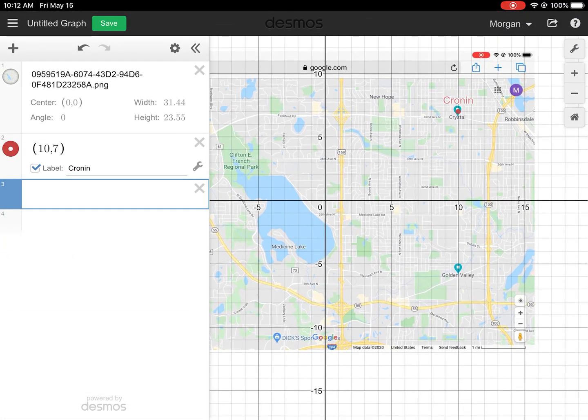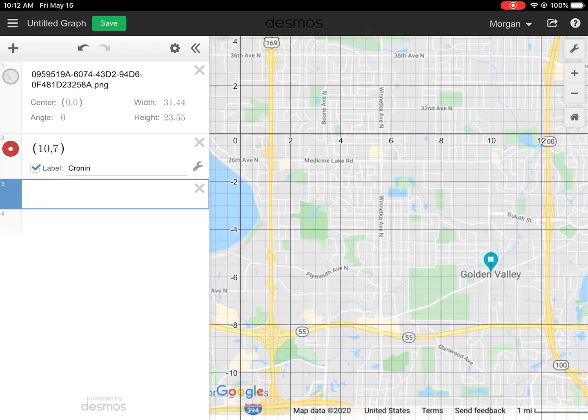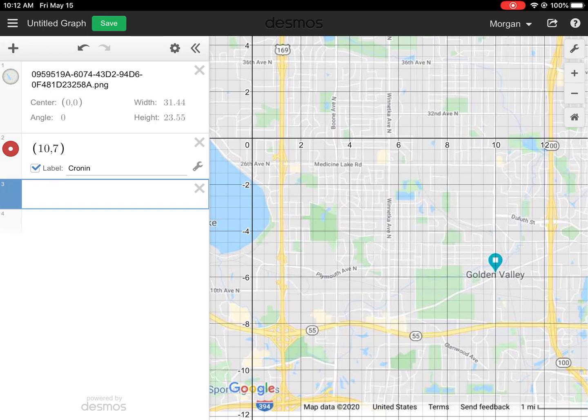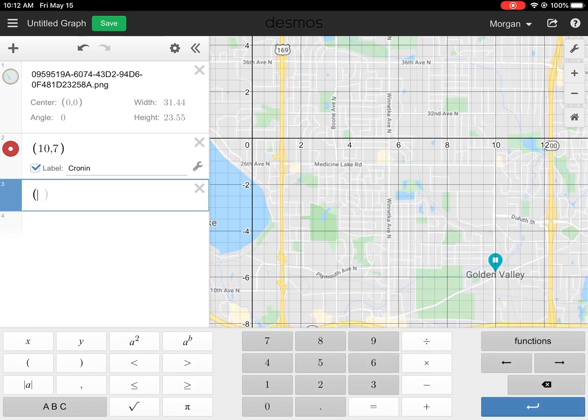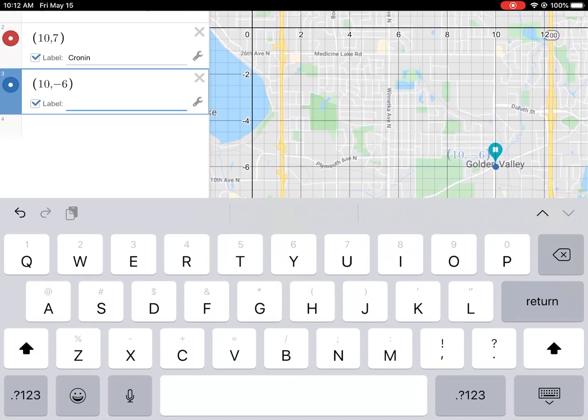And then I'm going to do the same thing with Golden Valley. And it looks like Golden Valley is at 10, I'm going to call it 10, negative 6. Okay, and that's where Miss Strong lives, so I'm going to label that.